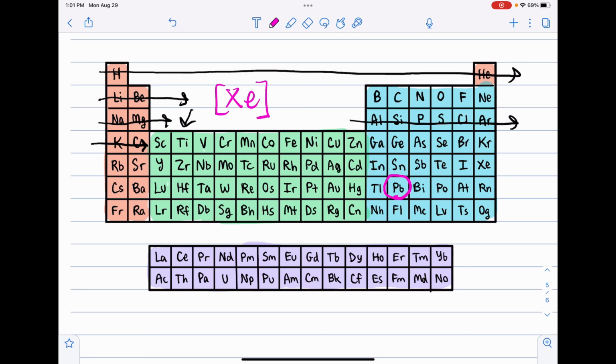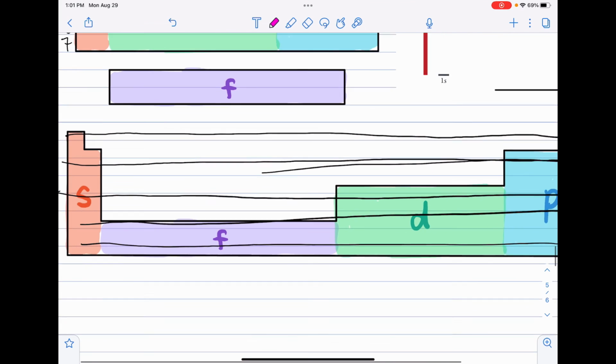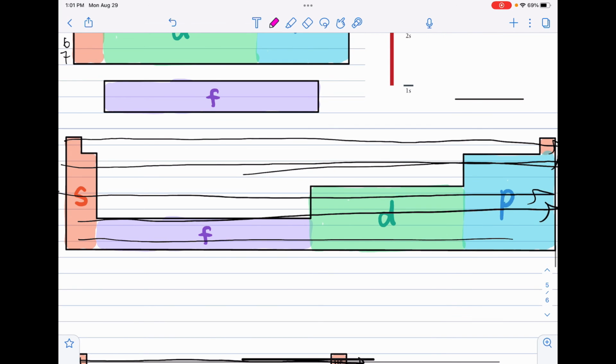And then we're going to start on this row. So I'm going to label these actually. Or 6, sorry, 6. And these are 6 and 7. Remember that the F block is kind of like Alaska and Hawaii on a US map, where they put it in a little box, but it actually goes somewhere different in the real geography of this periodic table.